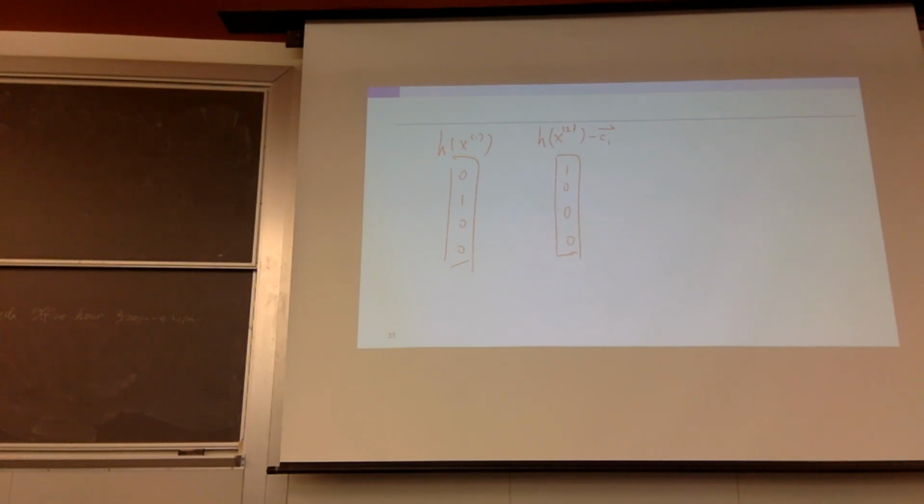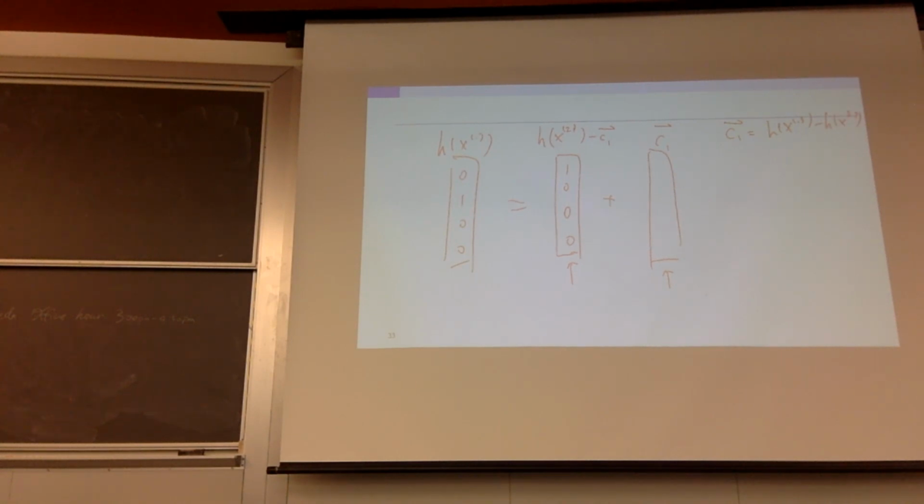And you want to construct some C1 such that the sum of this vector and this vector just equals h of x1. The way we construct that is you can do C1 equal to h of x1 minus h of x2, right?